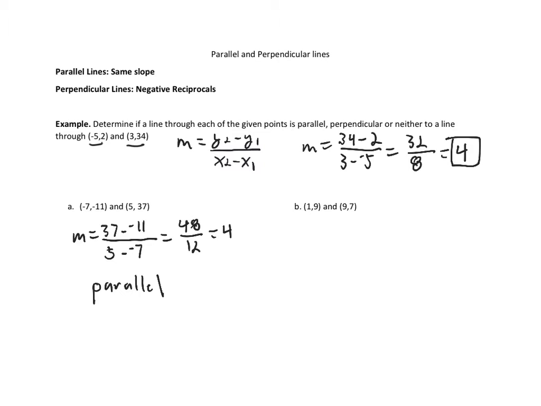In this second example, m would equal 7 minus 9 over 9 minus 1. That's negative 2 over positive 8, which reduces to negative 1/4. That is a negative reciprocal of 4. Since 4 is really 4 over 1, we would say this is a perpendicular line.